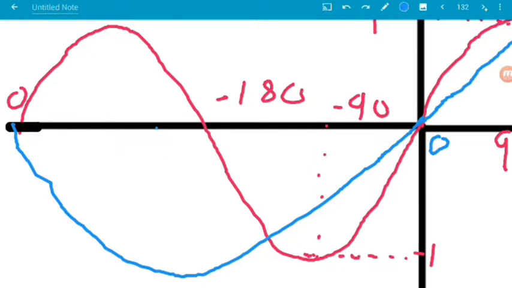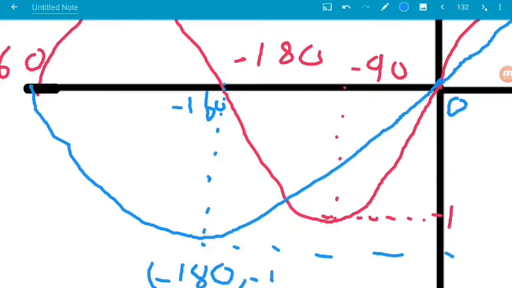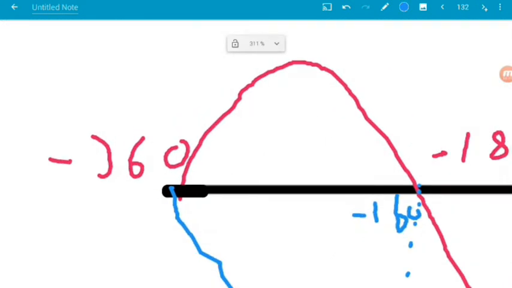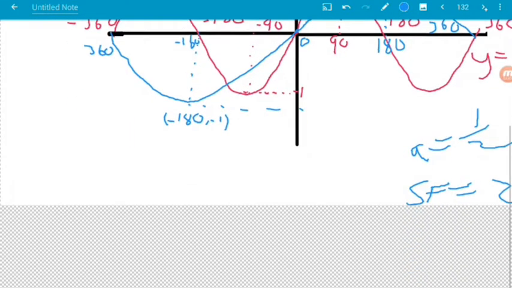It's now going to happen here at minus 180. So the coordinates at this point are minus 180, minus 1. And then we've got the same x-intercept over here at 360. If you're not too sure on why that's happened yet, let's try and explain it in a table again.